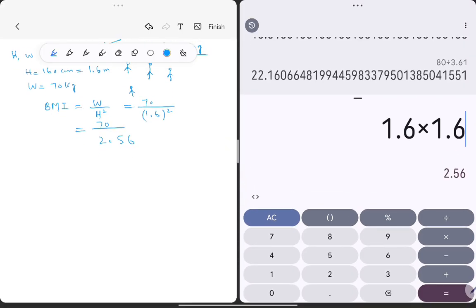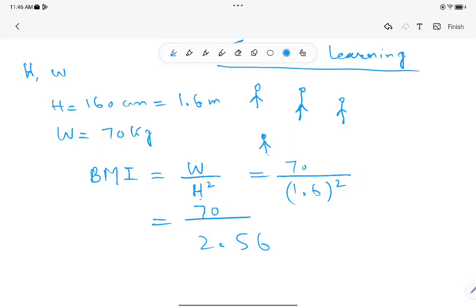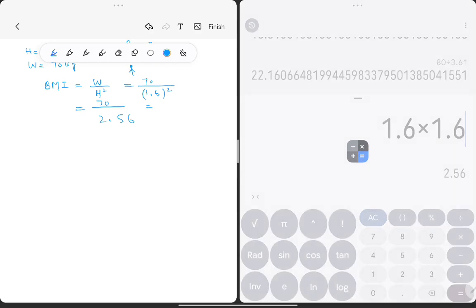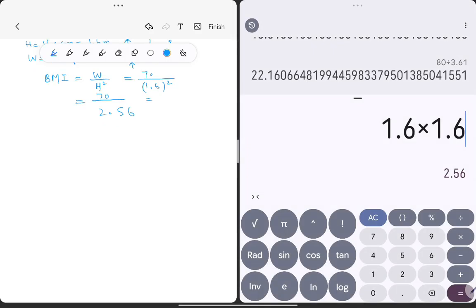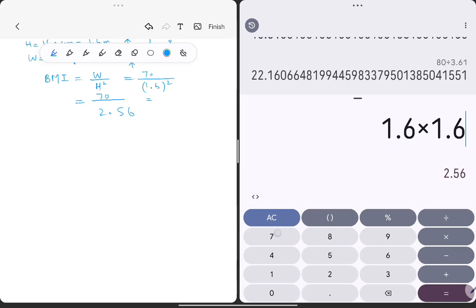Okay, now 70 divided by 2.56. We still need that calculator, anyhow, we can get it back. We have it here. 70 divided by 2.56.